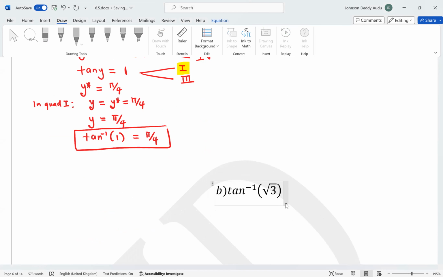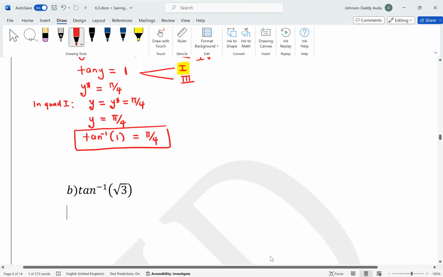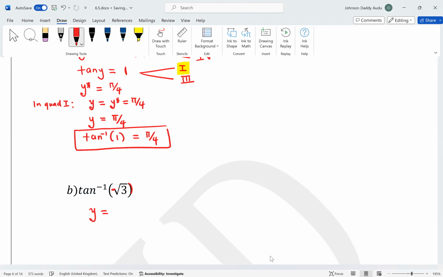Now for this one, let's modify this a little bit. Let's use -√3. It doesn't matter. We can just call this one y, tan inverse of -√3. This will still be in either the first or the fourth quadrant.